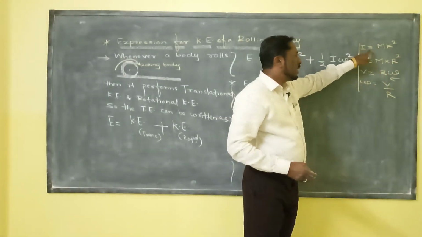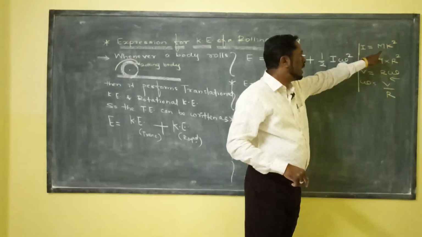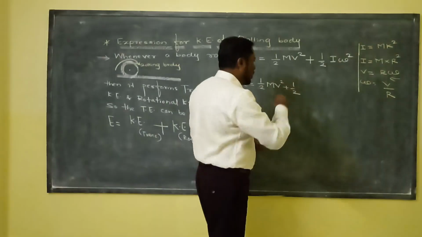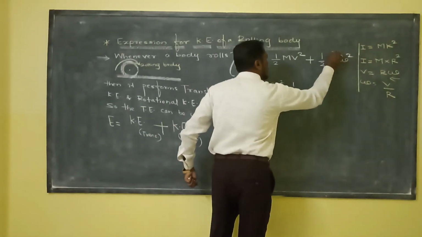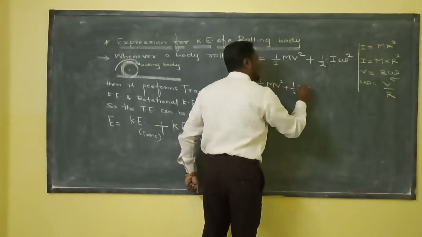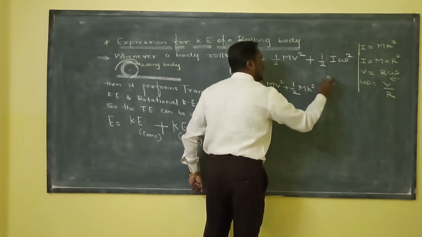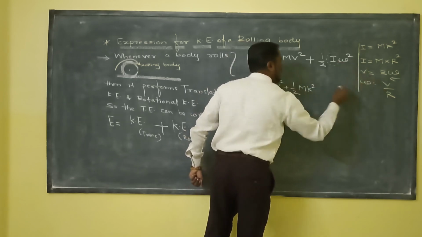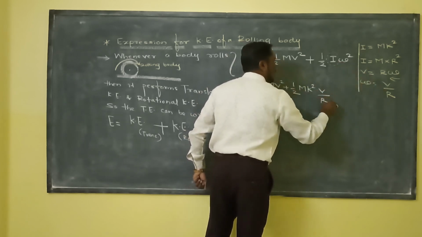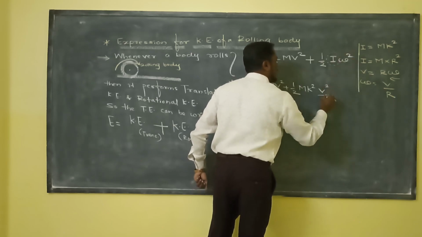Another formula of I, related to the definition of radius of gyration, is I is equal to mk square. Just put the value of I, that is mk square. Omega is v by r, so omega square is v square upon r square.